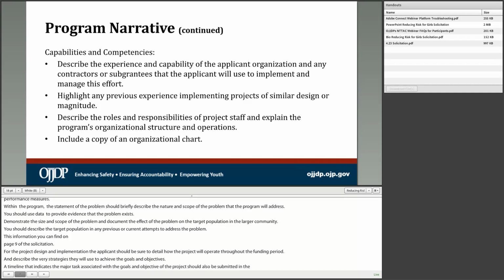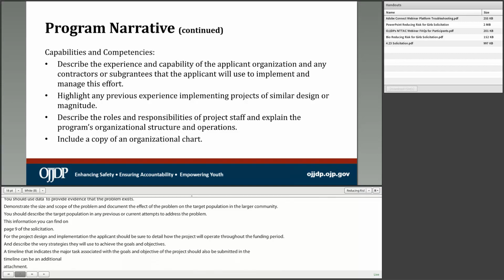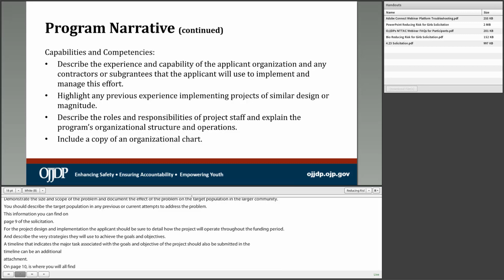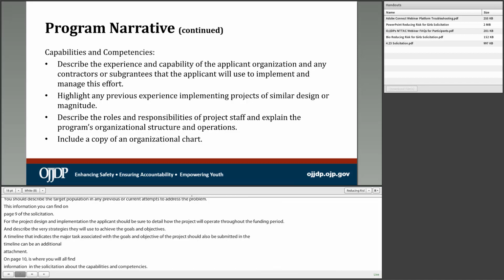All right, on page 10 is where you'll find information in the solicitation about the capabilities and competencies. You should describe the experience and capabilities of your organization and any contractors or subgrantees that you will use to implement and manage the effort.